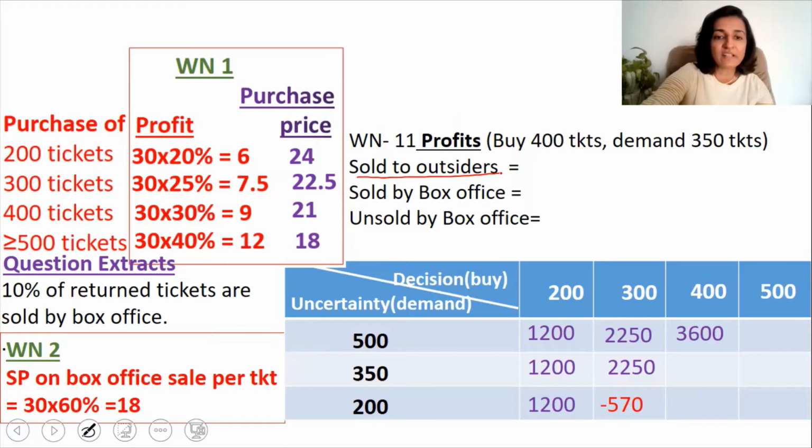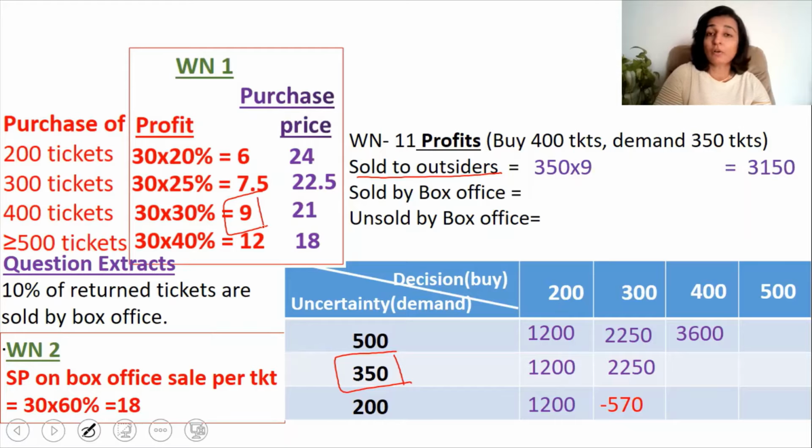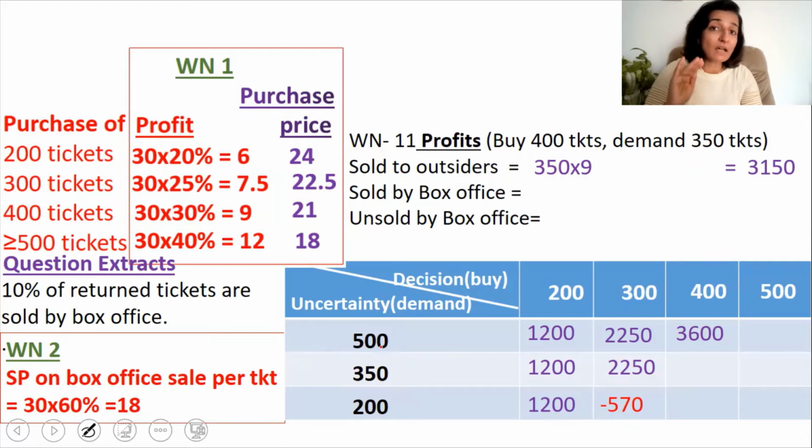For sold to the outsiders, he is able to sell only 350 tickets. And what is the profit that he gets? Profit is $9 per ticket. So it is 350 into 9, or $3,150. Now, how many tickets are unsold with the ticket agent? It is 400 minus 350. So that is 50. So we make a note of it here.